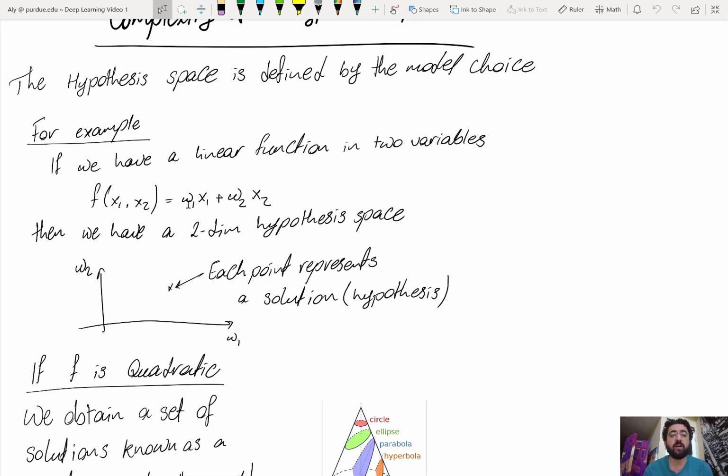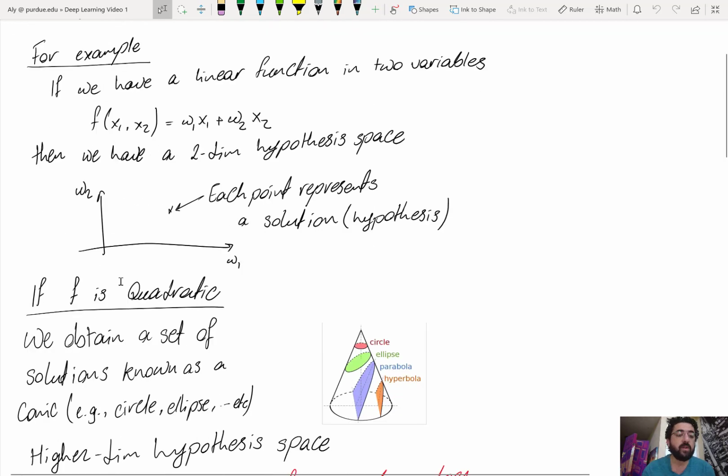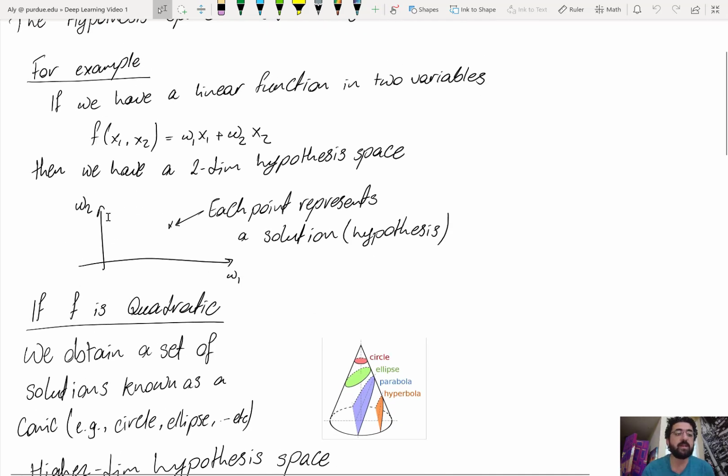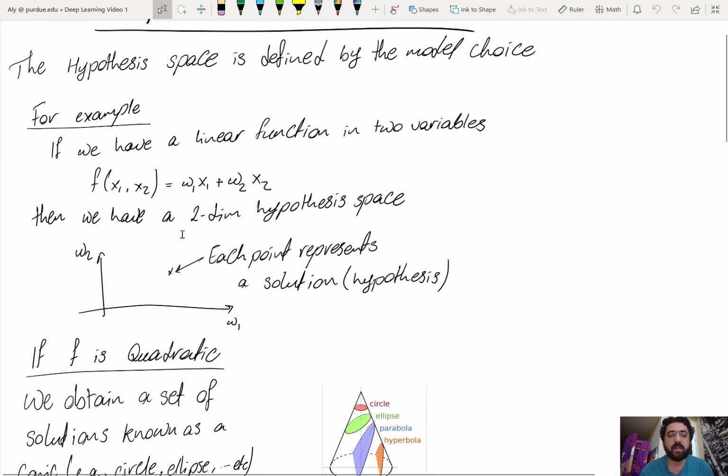And this function lies in a two-dimensional hypothesis space, meaning that if you look at w1 on the x-axis, w2 on the y-axis, then every point in that two-dimensional space represents one solution or one function that the model can predict, right?